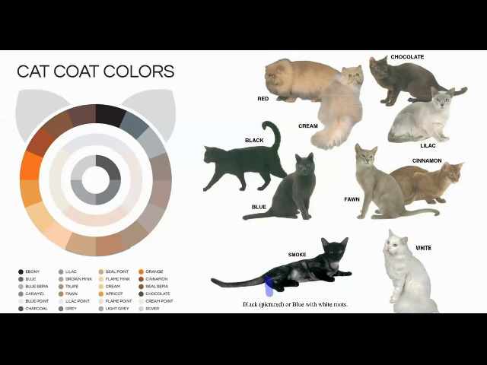I have two cats. Okay, you have two. My cat is cream with some chocolate points on it. He's a ragdoll. Cool. We're going to end up with lots of coat color choices. Mine is a calico. Mine's a tortie.